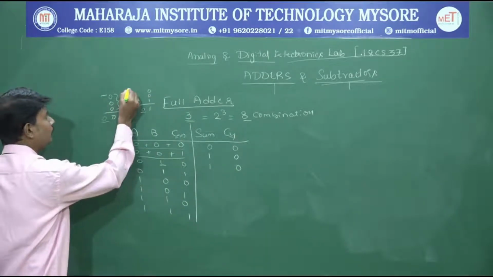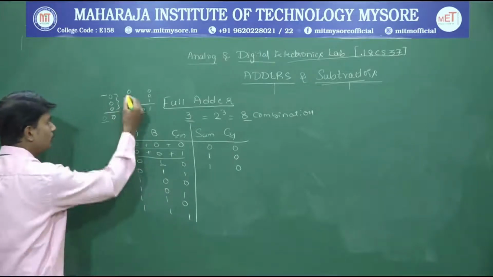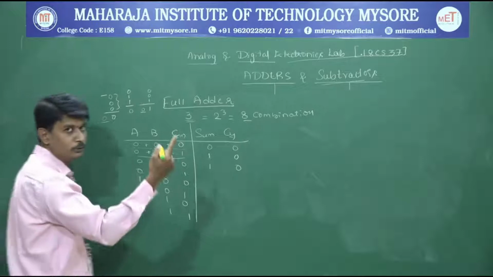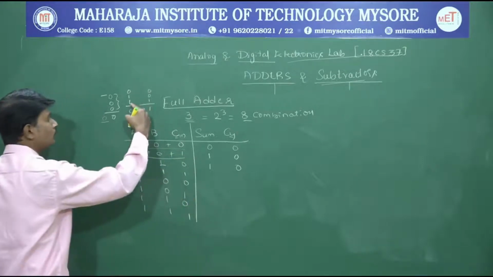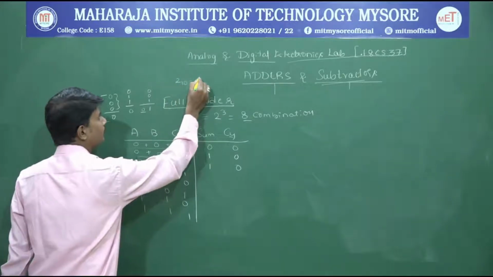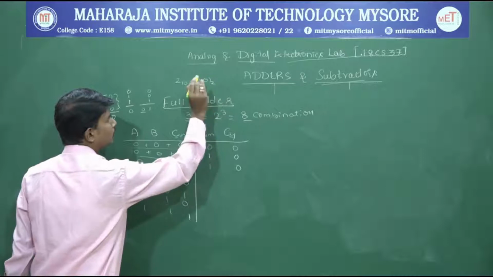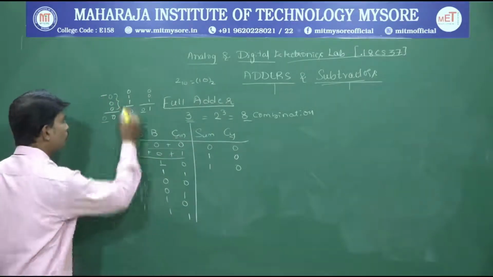Similarly, if I add two high input variables, I'm going to end up with, as I told you in a half adder circuit, 1 plus 1 is 2. If I convert that 2 into binary, I'm going to end up with 1, 0. So this is how I'm going to do it.